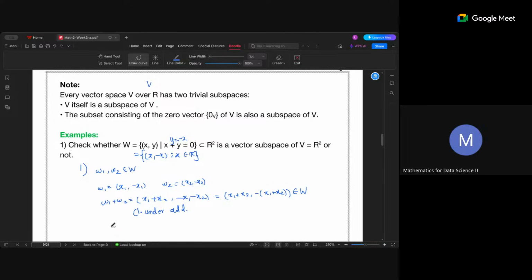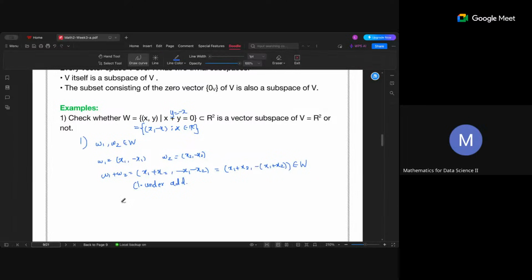Right? Now what about the next property, scalar multiplication? Alpha times w1 is (alpha x1, minus alpha x1). Obviously this also belongs to W. So this is closed under scalar multiplication. Right? So W is a subspace of R2.